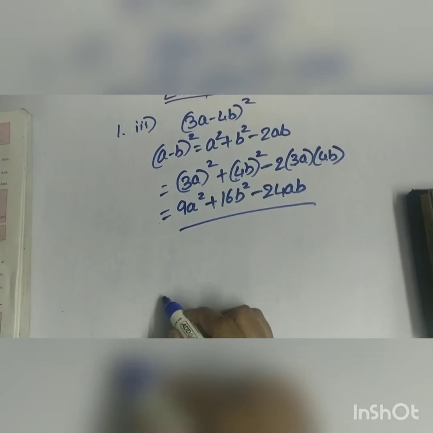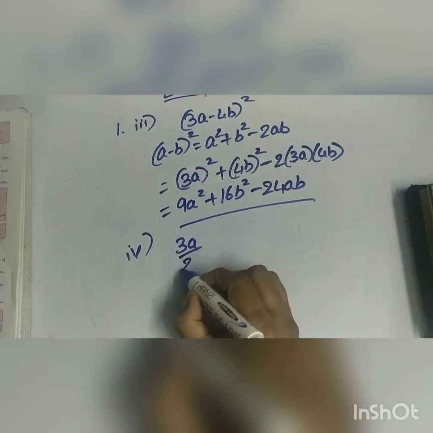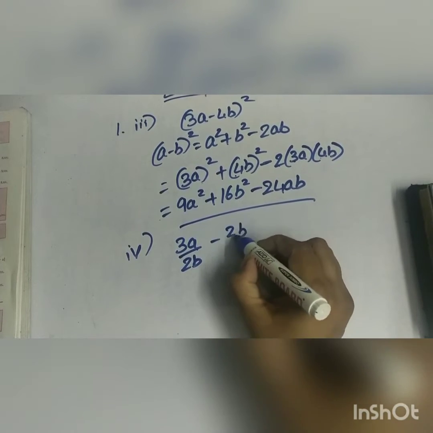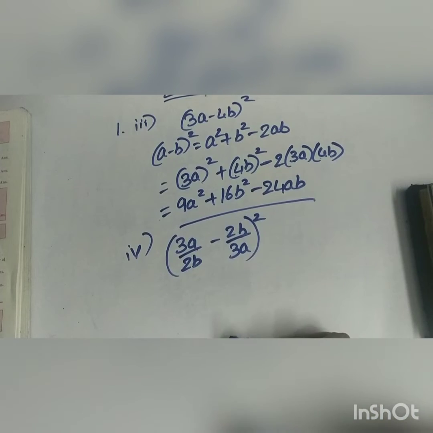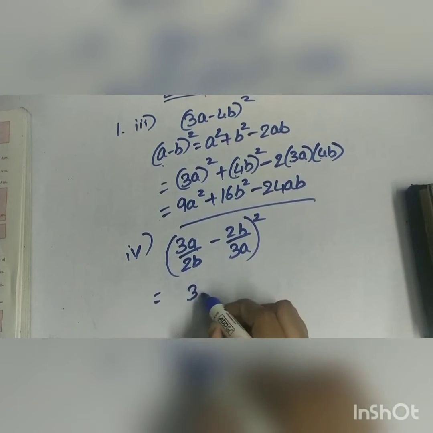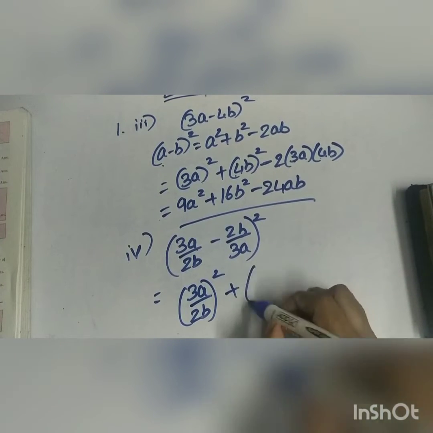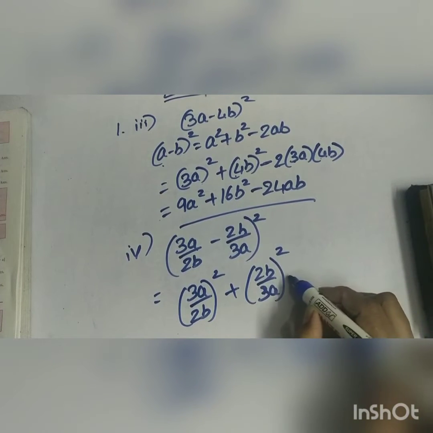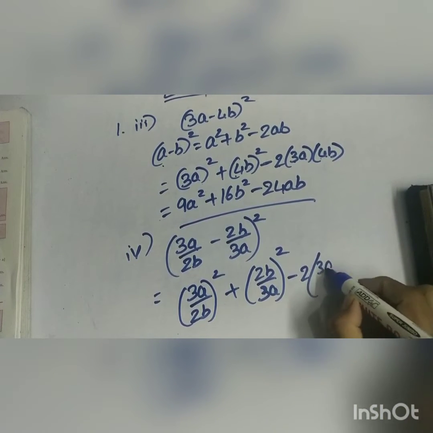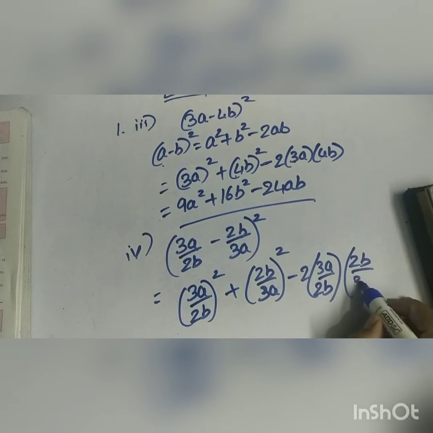That's the answer. Fourth one, let's do (3a by 2b minus 2b upon 3a) whole square. We have to find the square. So same thing, I am applying the same formula here. First step, keep the square of this. Second one, the square of 2b by 3a, minus 2 times 3a upon 2b into 2b upon 3a.